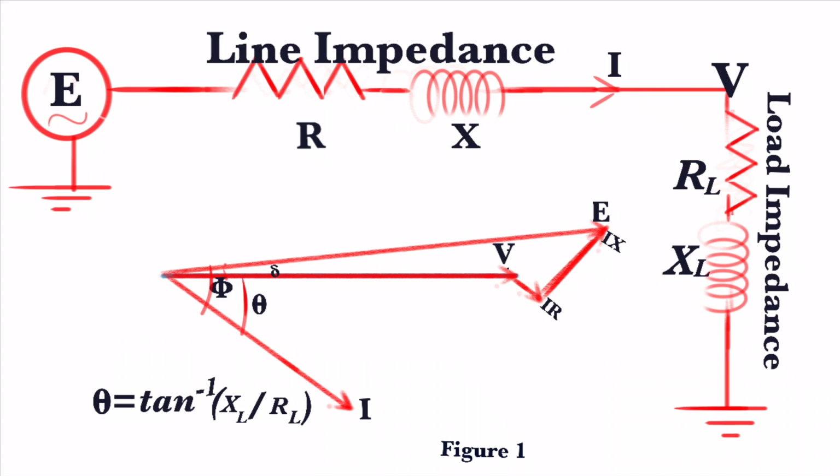So from IR, you have to draw IX at an angle of 90 degrees with respect to I. So if we add the vector V plus IR plus IX, you will arrive at E. To join the origin to the end of the IX, you will arrive at vector E. So the vector E will be at an angle delta with respect to V. So this is a basic vector diagram.